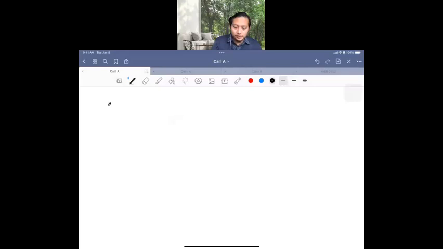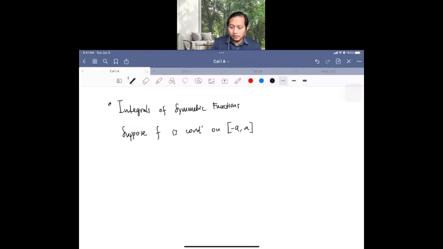So first is notes on integrals of symmetric functions. So suppose the function is continuous on, okay.